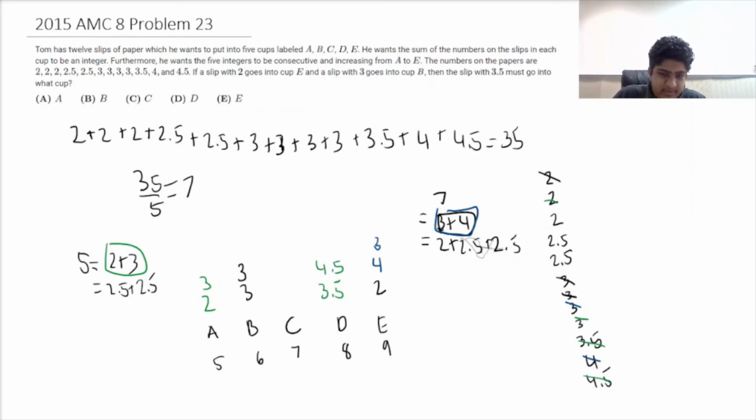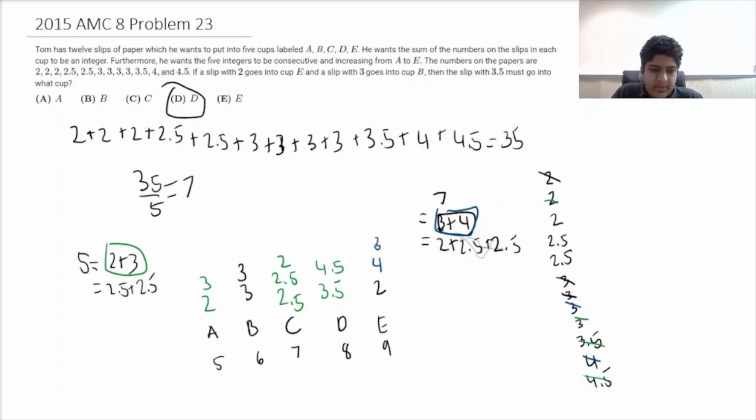And that, of course, leaves a 2.5, a 2.5, and a 2 for C. And this all works, meaning that our choices were correct, and that means that the slip with 3.5 goes into cup D.